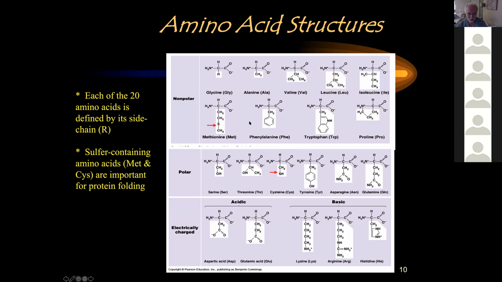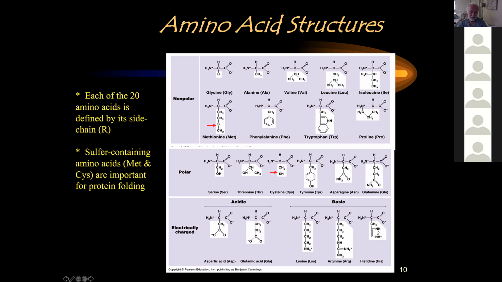Just want to make one additional point here that we'll come back to later, and that is that two of the amino acids, methionine and cysteine, have sulfur in them. Now, sulfur has a special capability of forming bonds, and when we get to the folding of proteins, they have to fold in order to be active.